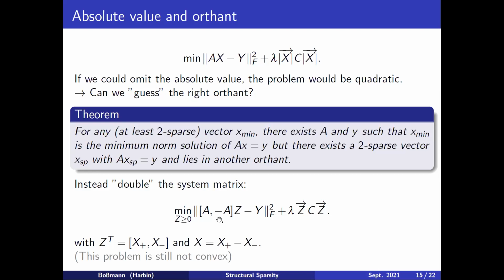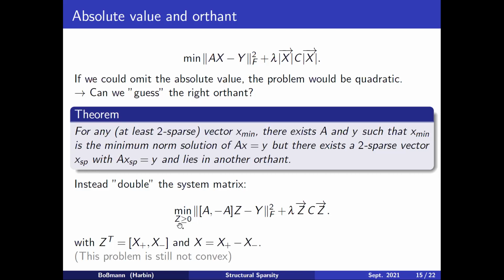So you add both signs here. And now it is possible, in the sparse solution, to choose the atom that is positive or choose the atom that is negative. But that means we don't need to choose the sign in our solution at all.